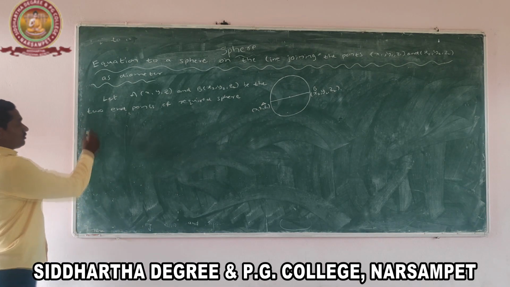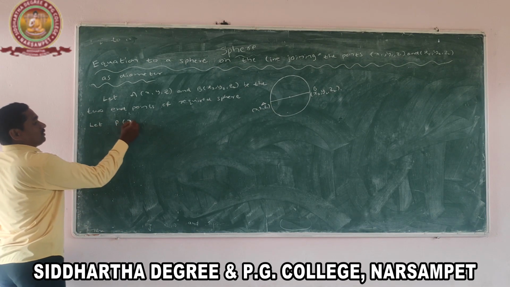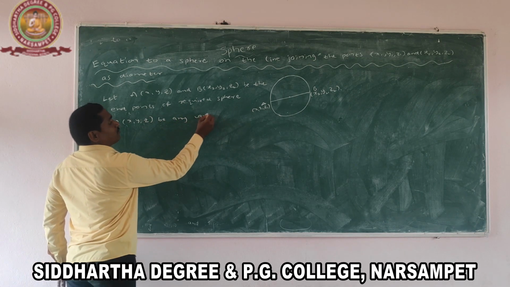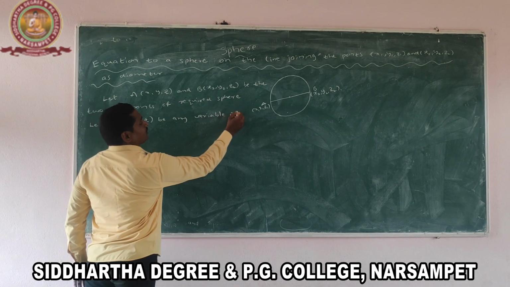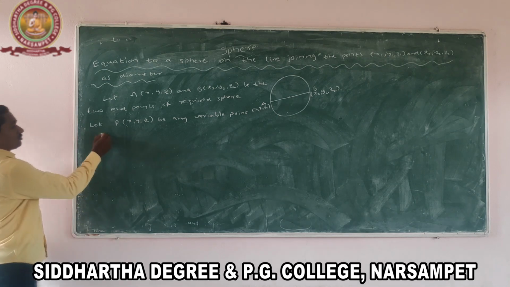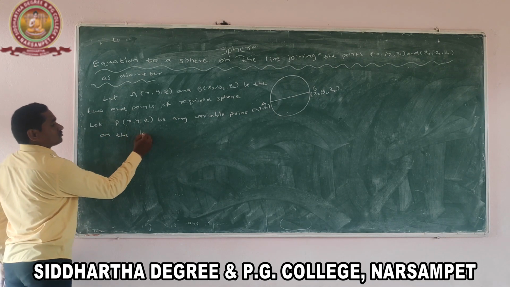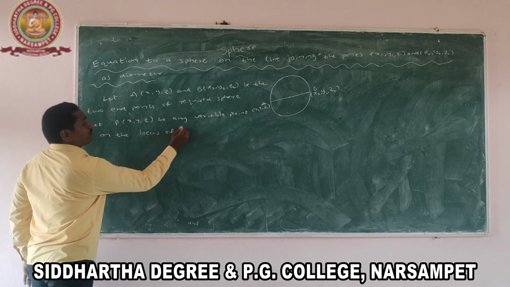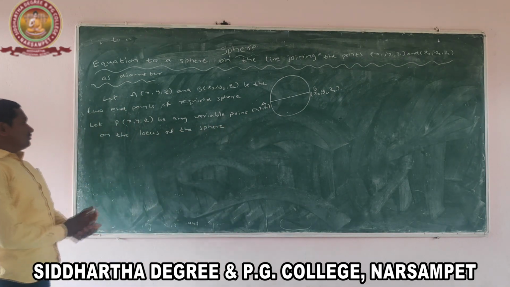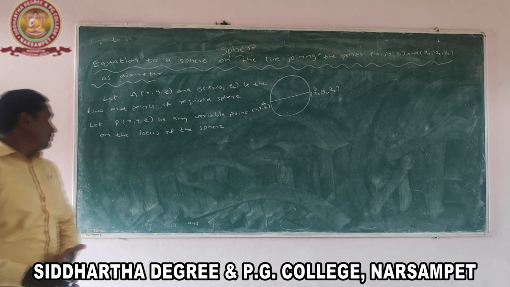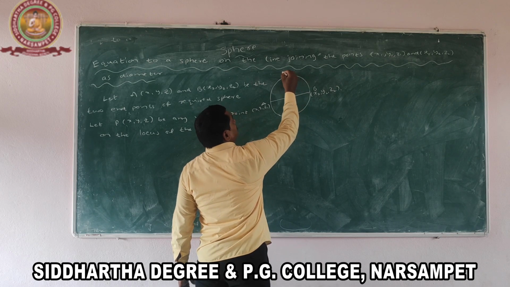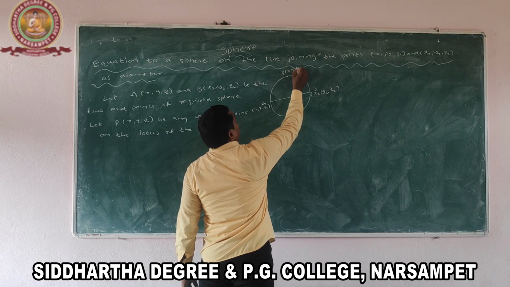So now let us take P, x, y, z, be any variable point, or simply any point on the locus of the sphere, right? So here we are taking x, y, z to be any variable point on the locus of the sphere.